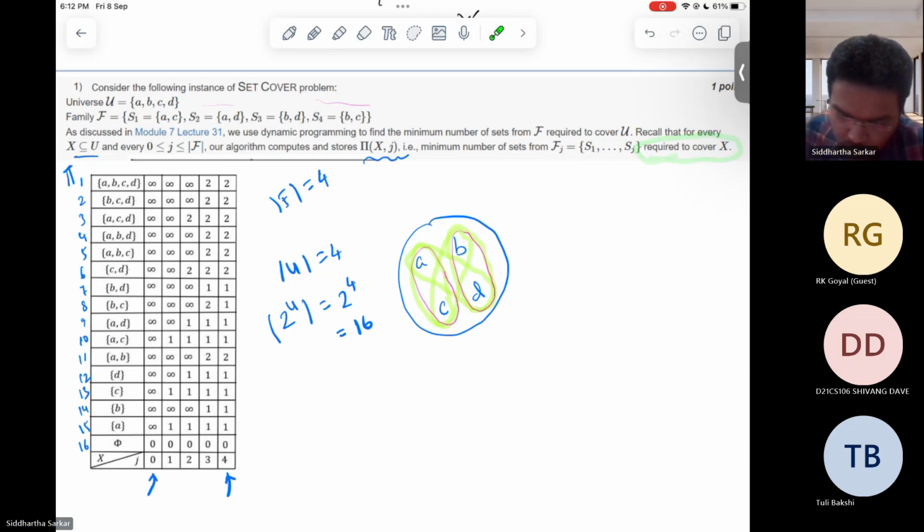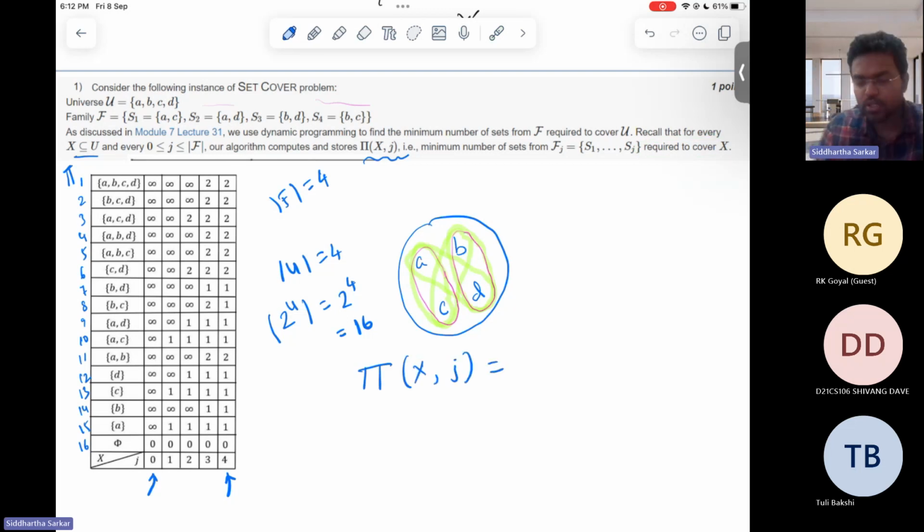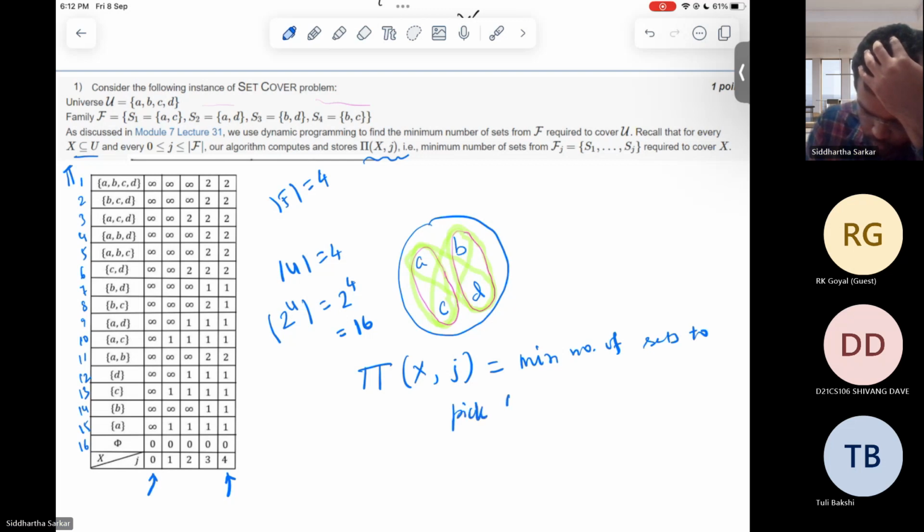So basically pi x j is asking: I do not want you to cover the entire universe. I want you to cover a subset of the universe, which is X. What is the minimum number of sets you will pick from Fj?